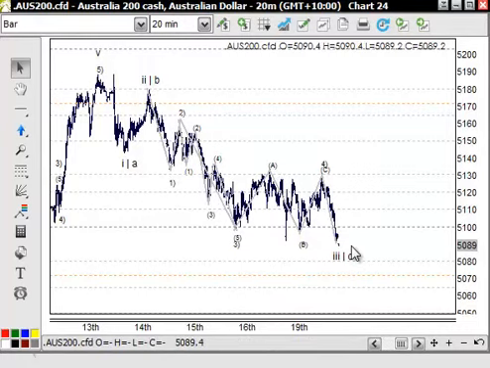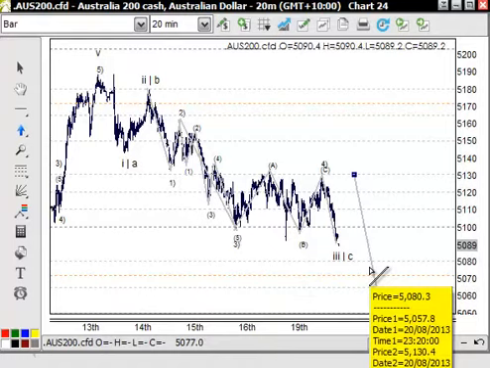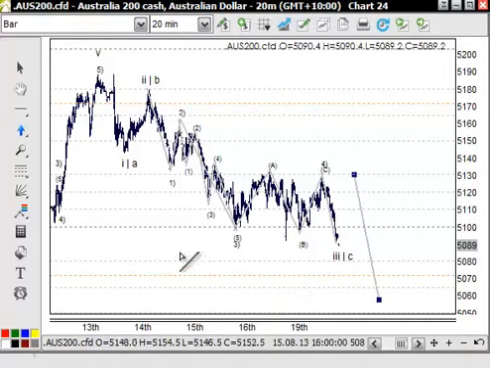But as I mentioned, a nice clean breach of this here on the cash market would tell us that we've got a bigger picture unfolding. So yeah, alrighty, let's have a look at the commodities.